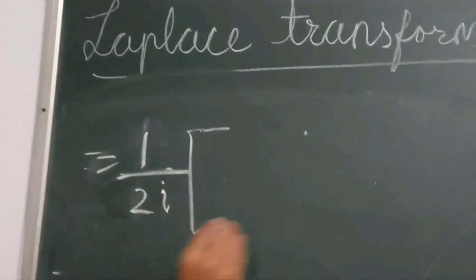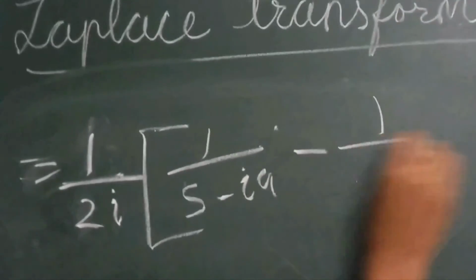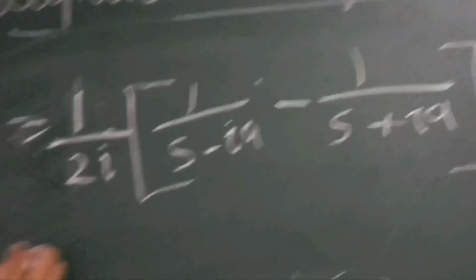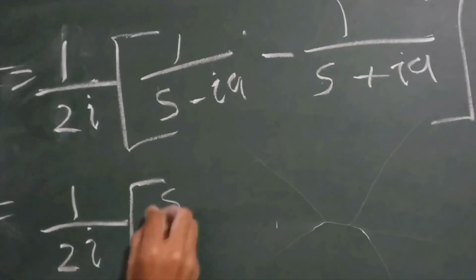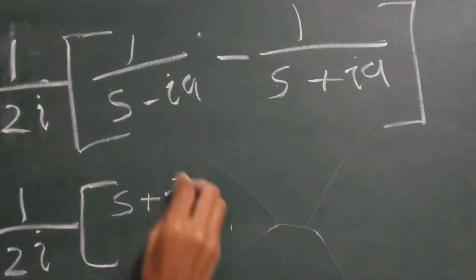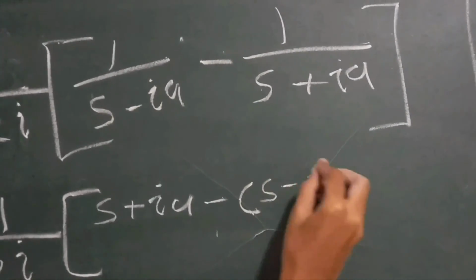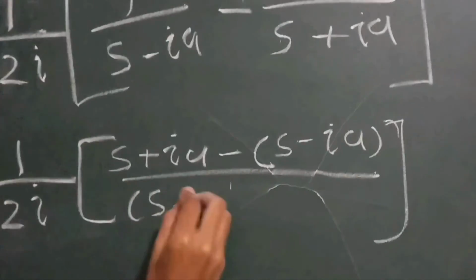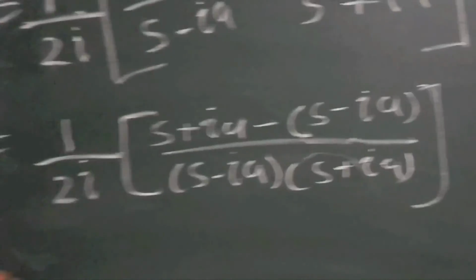So 1 upon 2i times 1 upon s minus ia minus 1 upon s plus ia. Cross multiplication, we get s plus ia minus s minus ia by s minus ia into s plus ia.